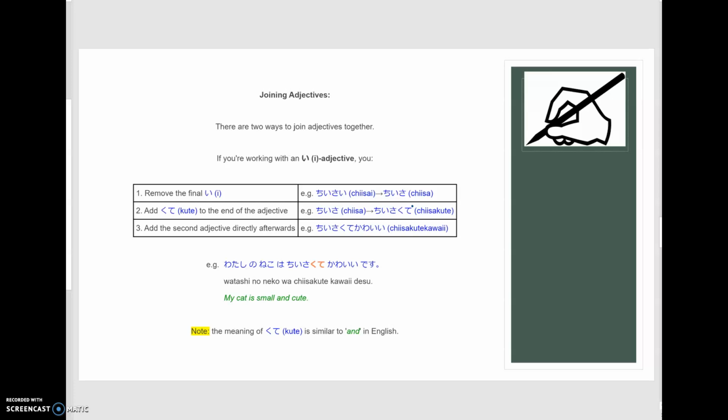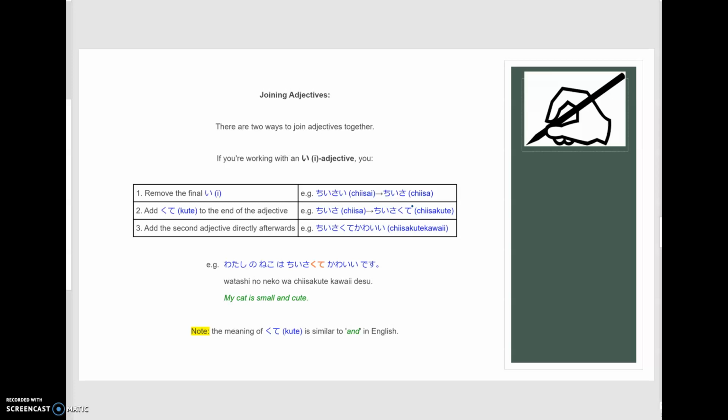Then we add kute, so it becomes chisakute, and add the second adjective afterwards. Chisakute kawaii desu. Small and cute. So watashi no neko wa chisakute kawaii desu. My cat is small and cute.